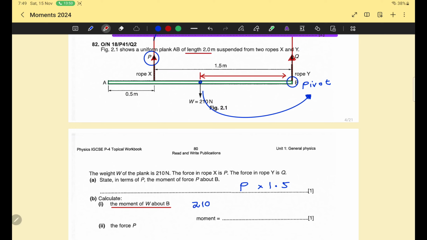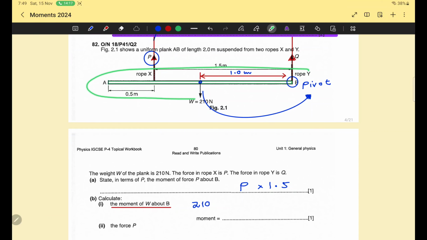Whereas the total length is 2 meter. Yes, can you tell me? What is the answer, beta? The answer will be 1.0 meter.